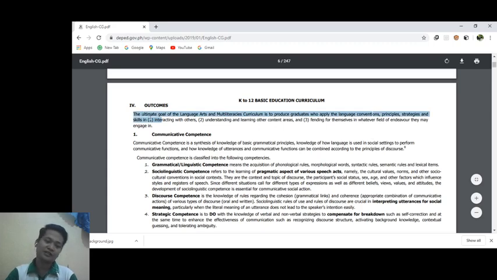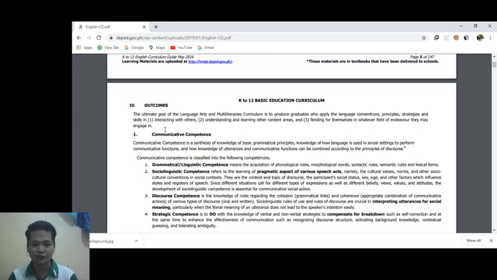So my question there is actually based on your observation as pre-service teachers. Do you think the pupils are heading or leading to that outcome? Do you think they can achieve that outcome based on your observation, based on your further readings? Are they leading towards the attainment of the outcome?